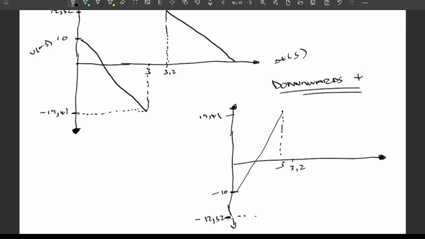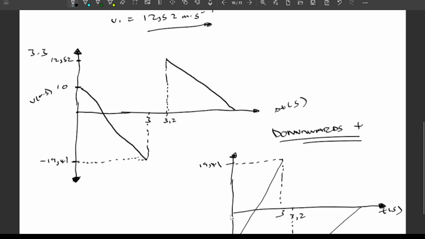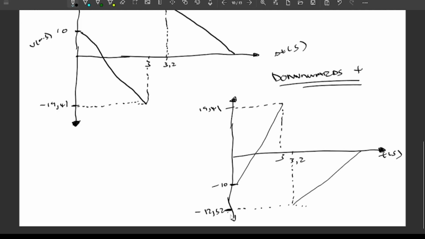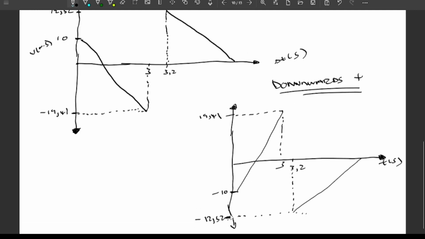Remember that it went up with this velocity. So this is how you would draw yours. Yours should be like this. If you set downwards as positive, it's just the opposite way around. Upwards is positive. Right, good. So that's how you're supposed to draw it.